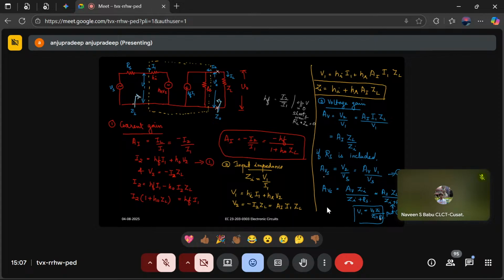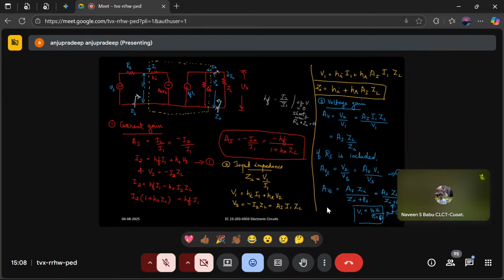But what we assume is that the circuit design is not correct. That is why the output is less. It's not the problem of the amplifier circuit. It is because of the source resistance. But you have to anticipate that such a situation can arise. So when you design the amplifier, you have to make Ri or Zi much greater than Rs. If you take that precaution, you need not worry about this.